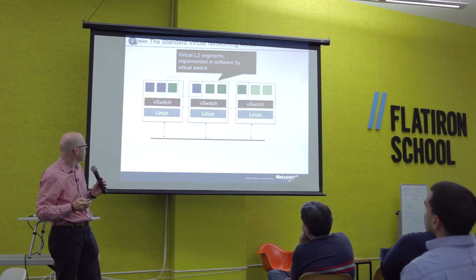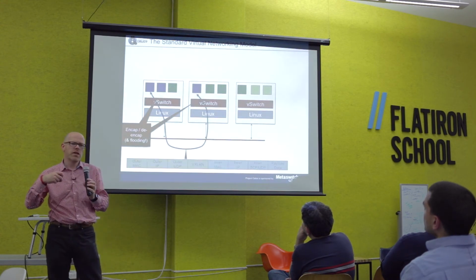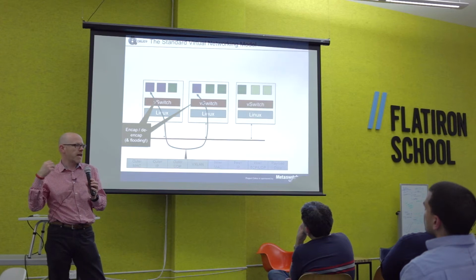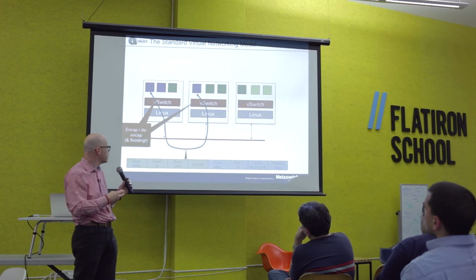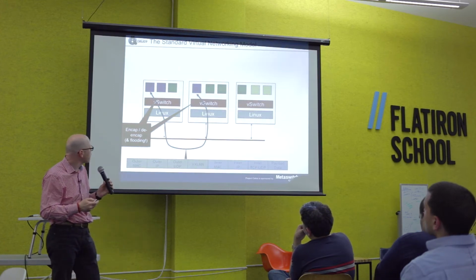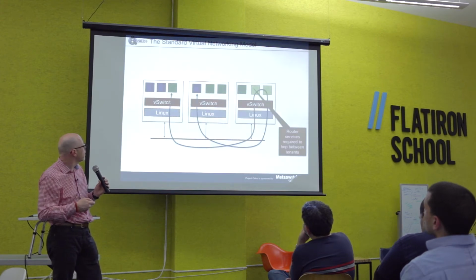When they talk to each other, it's fairly straightforward. It goes through the vSwitch, which is the piece of software that adds the encapsulation headers on. If you've got broadcast, it's going to flood those out across the network, and that's how that works for both purple and green.